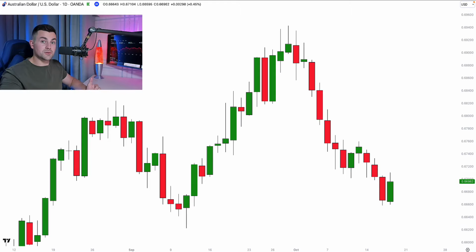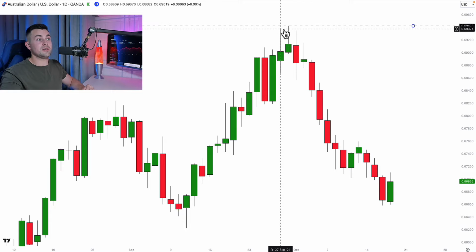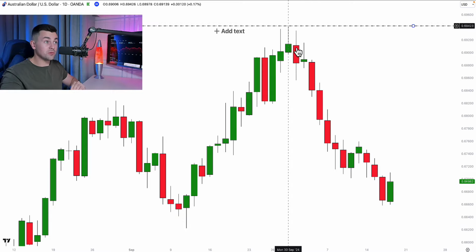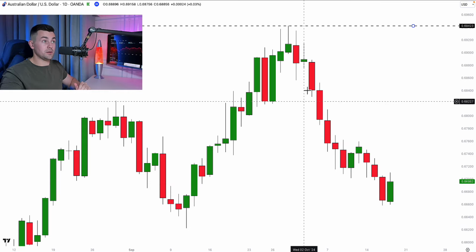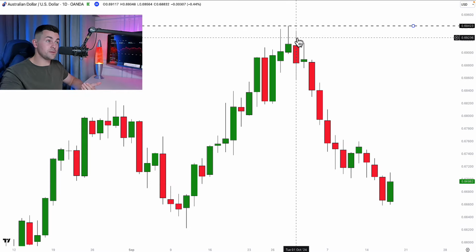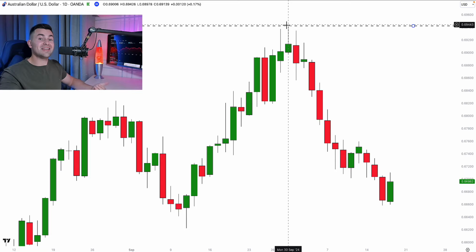The first strong resistance that I see is based on that high. We can see that from that price level, a strong bearish movement initiated, and the historic price action shows us that in the recent past for the market participants, this price level was very important.